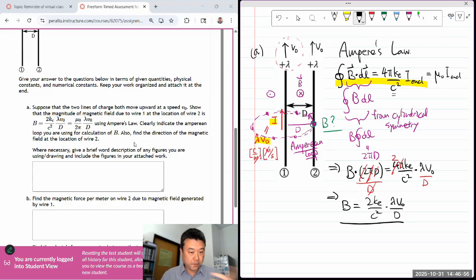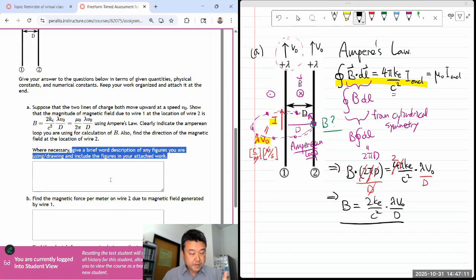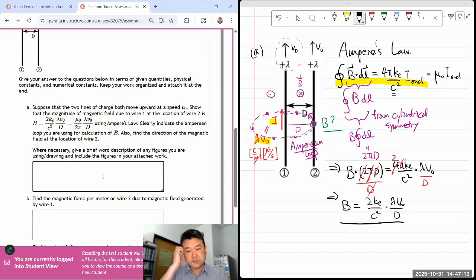Now I'm going to follow my own directions here. Show the magnetic field, clearly define the Amperian loop you're using, find the direction. Where necessary, give a brief word description of any figures. So for the submitted answer, this is what I'm going to do. The direction of the magnetic field at the location of wire 2 is into the page.